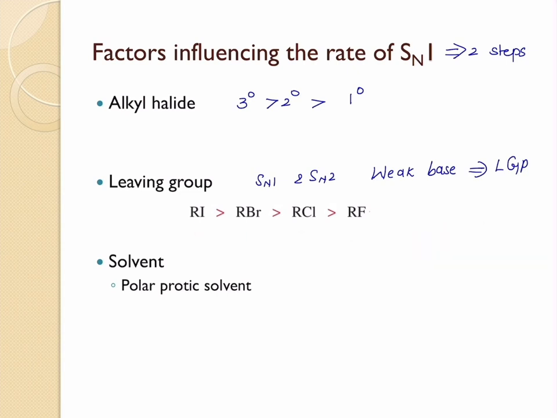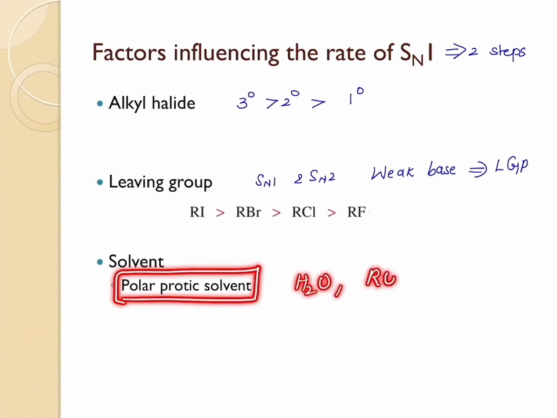And the next one is the solvent. And for SN1 reaction to be favored, we need to have polar protic solvents such as water, alcohol, and carboxylic acids. These are going to favor the formation of SN1 reaction.